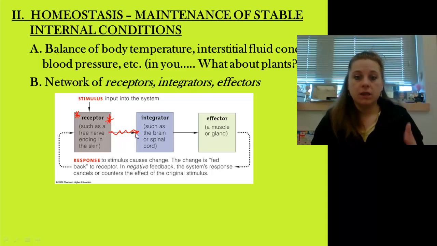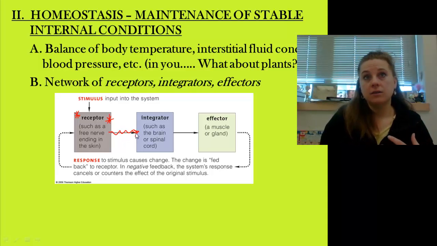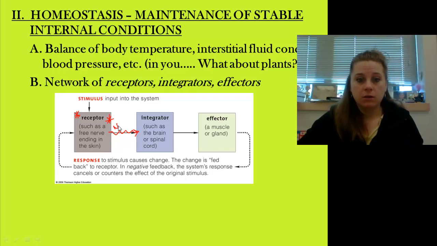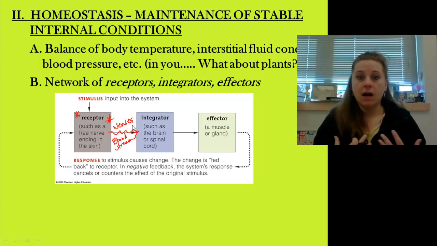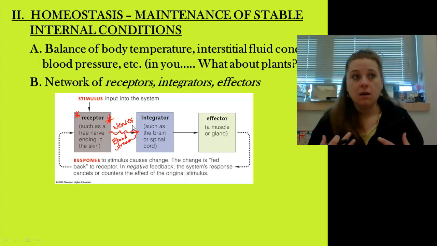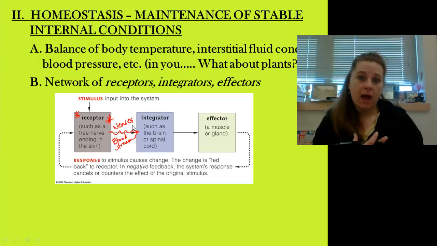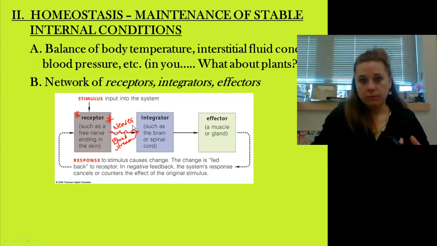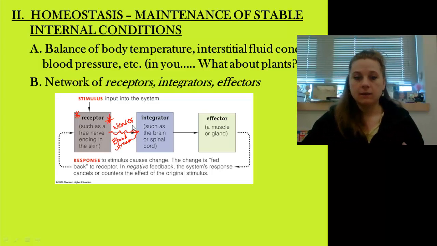to an integrator, such as our brain or our spinal cord, mainly through the nerves, or it could be sent through the bloodstream. So we have a connected highway system in our body of either bloodstream pathways through vessels or nervous system pathways, and that transport system carries the signal from the receptor to the integrator.